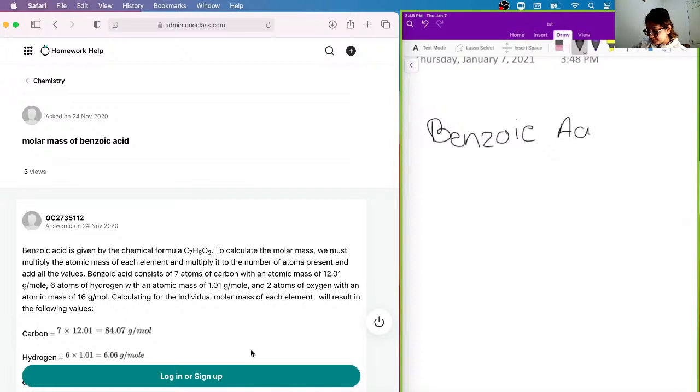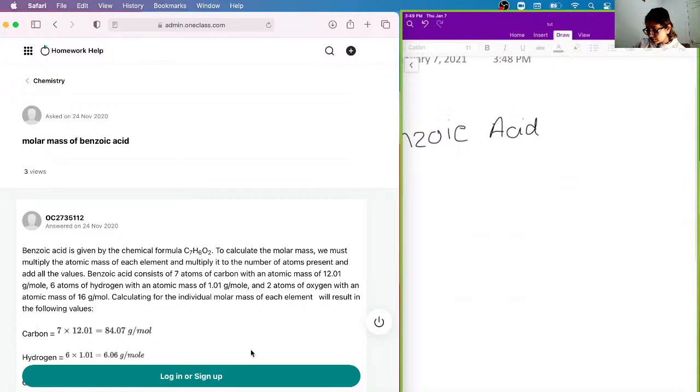The chemical formula for this is C7H6O2. So you know it's an acid because it has hydrogen, and in this case, it also has oxygen.